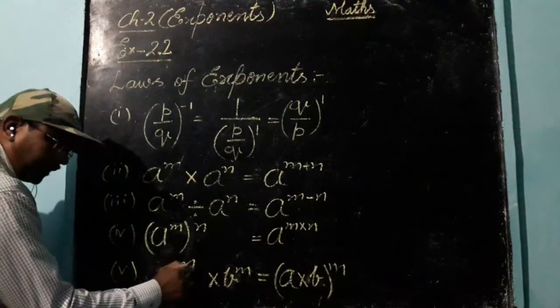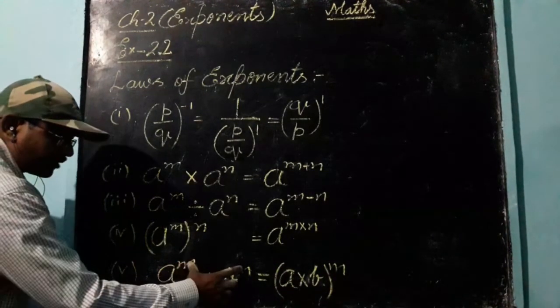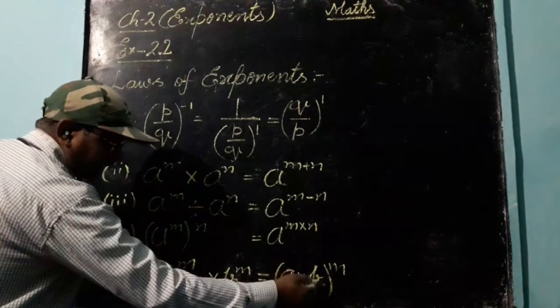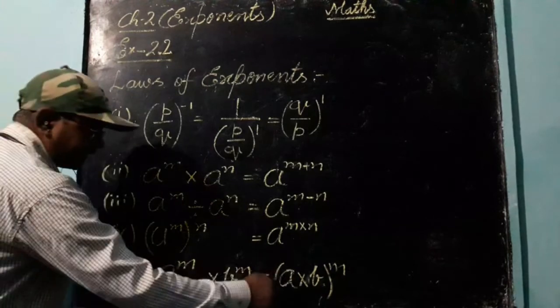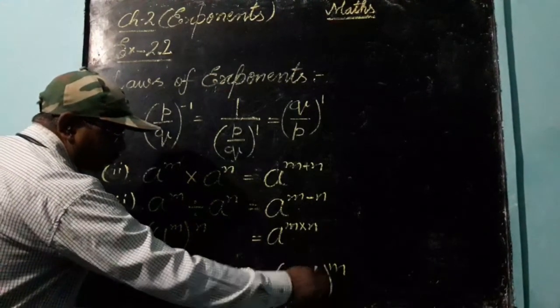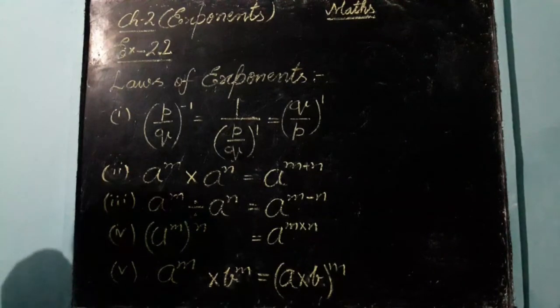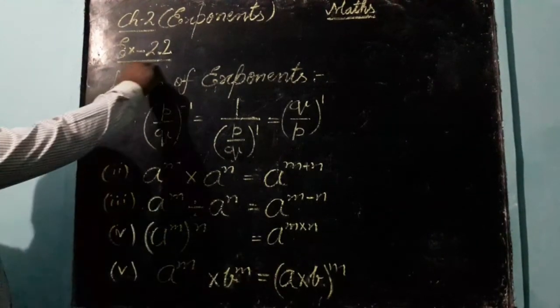That is, the power, the exponent, becomes common and the bases get multiplied. In this way, a into b to whole power m. Clear students? On that basis you will solve the sums of exercise 2.2.